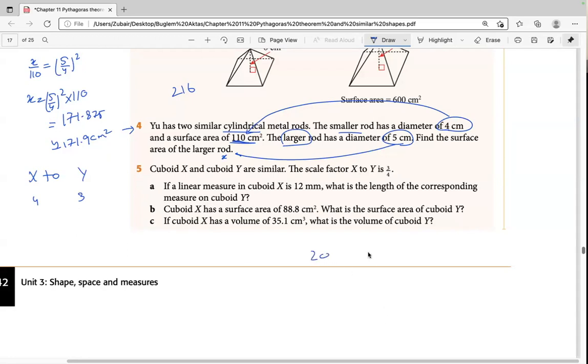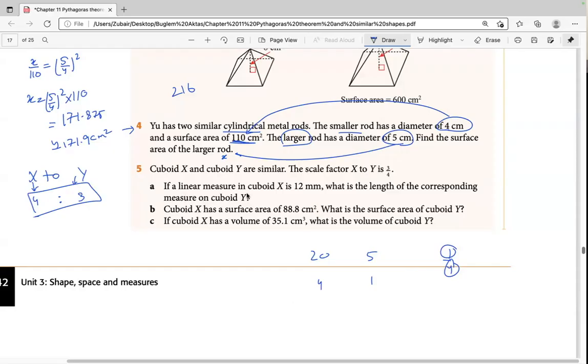Because when we had 20 and 5, this was reducing by 4. So 1 by 4, so basically this was 1 and this was 4. Smaller one over larger. So I can say I have ratios of lengths which are 4:3 because of this 3, 4. X corresponds to the larger one, Y corresponds to the smaller one.